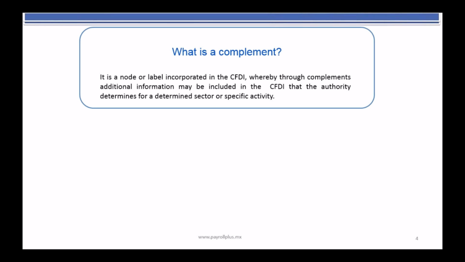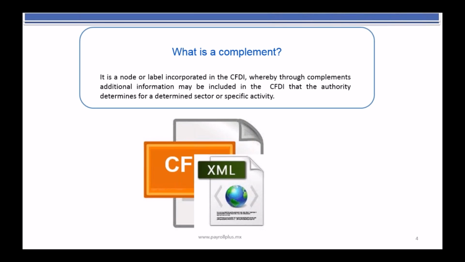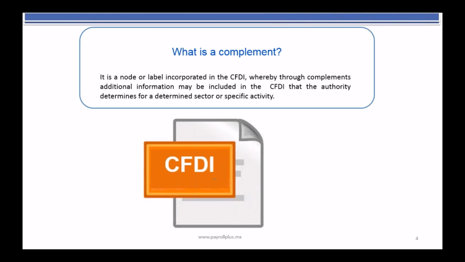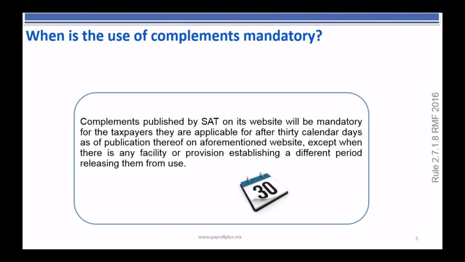So depending on what type of transaction, we might be required to include a complement to our CFDI. So when is the use of a complement mandatory? The complements, of course, need to be published on the tax authority's website.